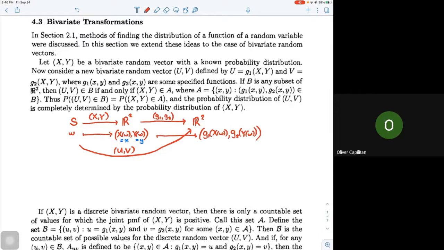And we denote this now by small letter u, and this one would be small letter v. Okay, so in other words, this ordered pair of random variables U and V is the same as g sub 1 of this random variable XY, parang ganun lang yan, and then we have here g sub 2 of this random variable XY.